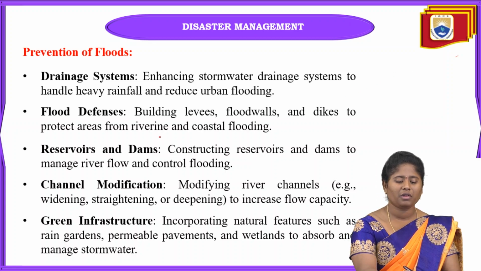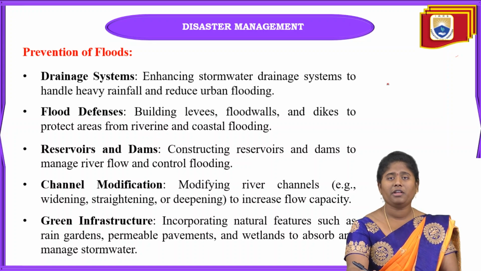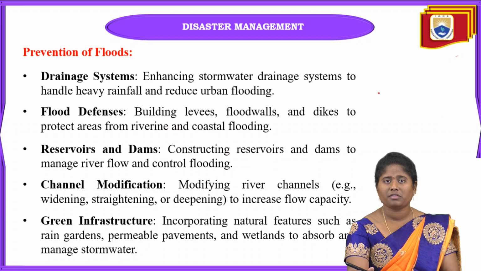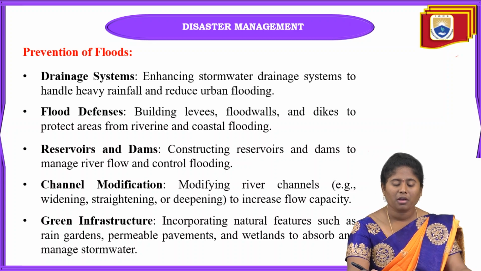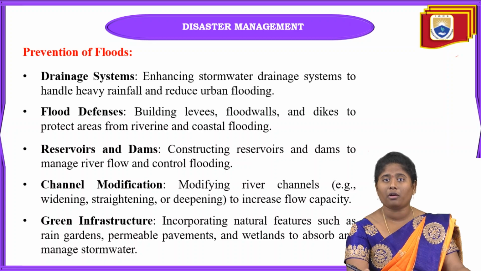Okay. Coming to the next one, flood defenses, we have to build levees, flood walls, and dikes to protect areas from river water and from coastal flooding. Next one is rivers and dams, meaning by constructing dams, we can manage the river flow so that we can control the floods.